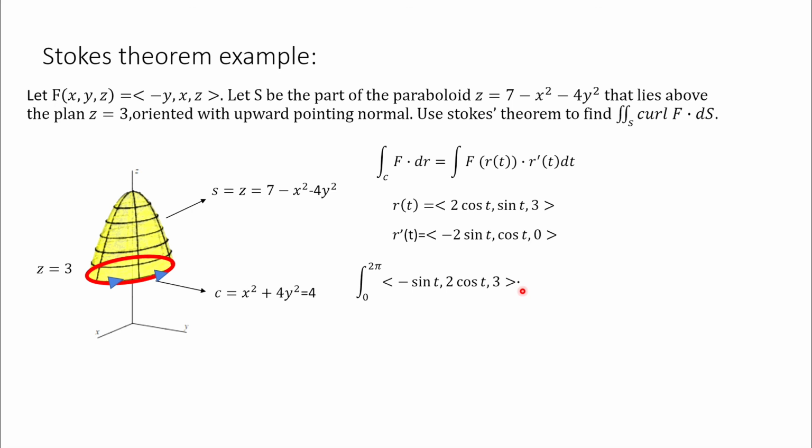The dot product means we need to multiply each component of i, j, k by its corresponding component. So the answer will be 2 sin squared t plus 2 cos squared t. The limit will be 0 to 2 pi because of the complete circle. We take 2 out from the limit. So sin squared t plus cos squared t will be 1. And substitute 2 pi, then the answer will be 4 pi. That's all. Thank you.